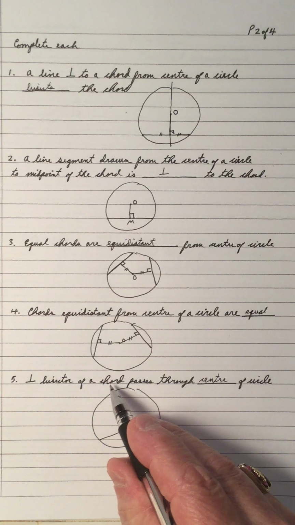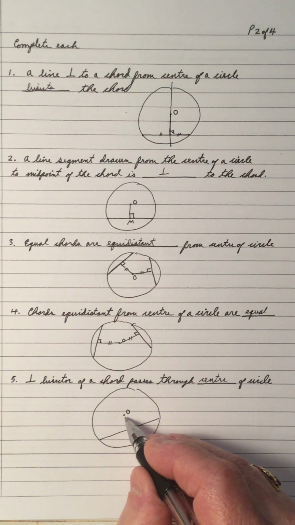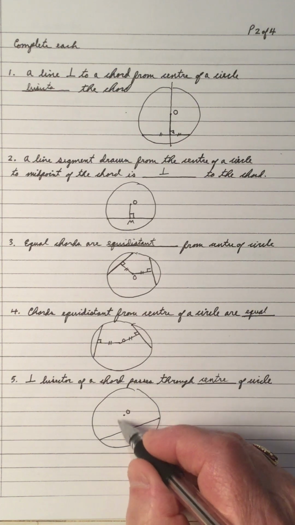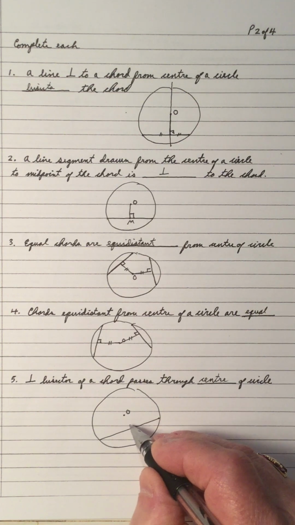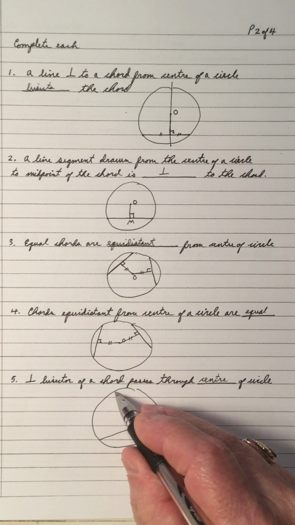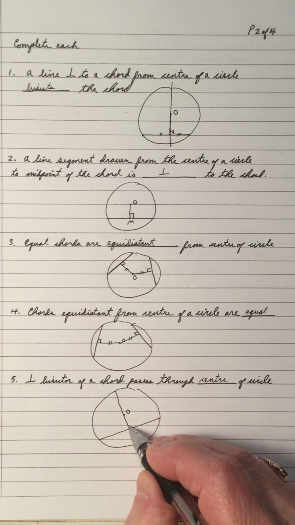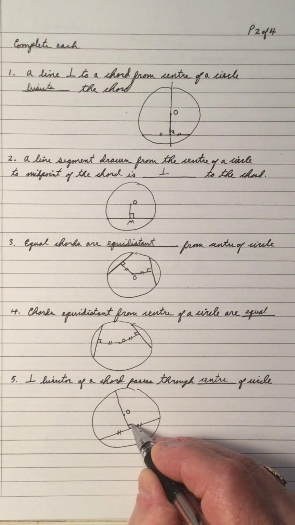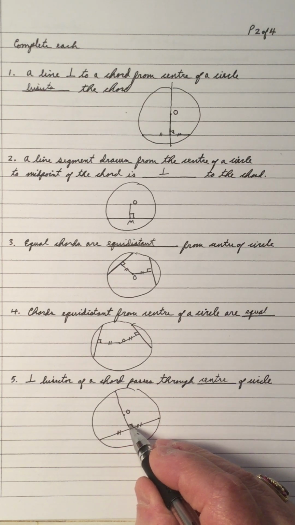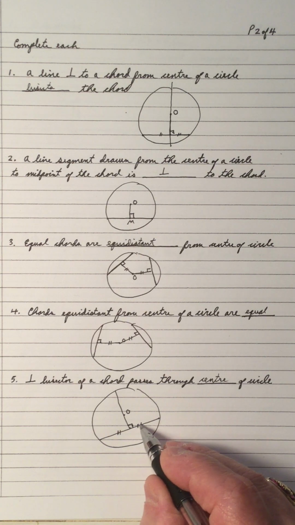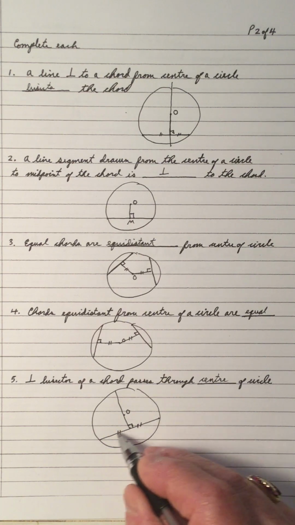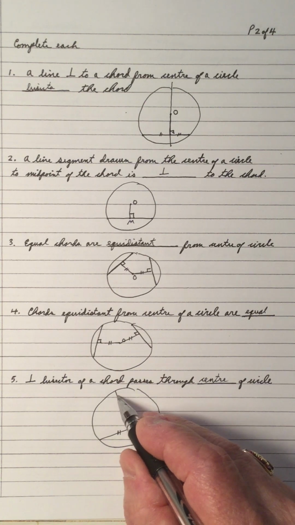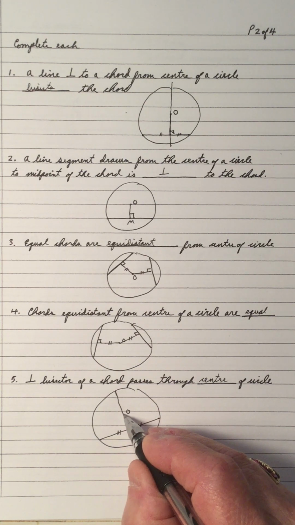If you take this segment and construct the perpendicular bisector, it will go straight through the midpoint, which means this segment is equal to this one. This is the perpendicular bisector because it cuts the segment into two equal pieces, being perpendicular. Then this perpendicular bisector will travel through the center.